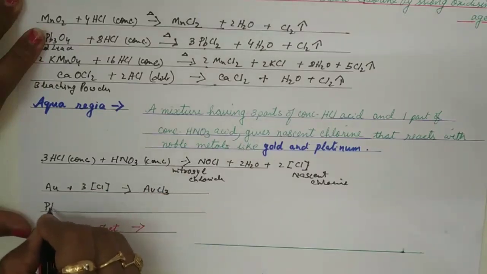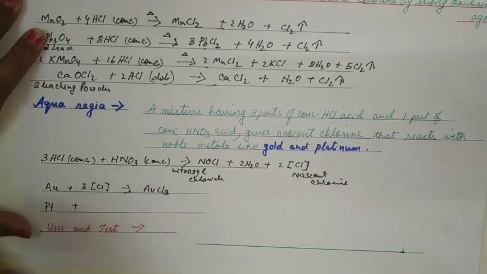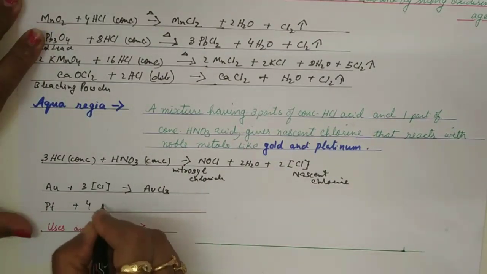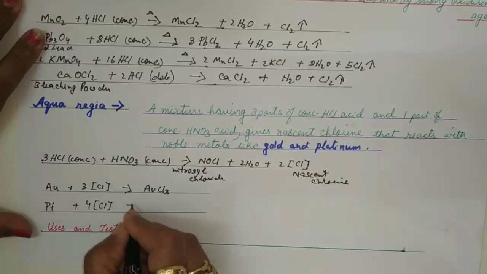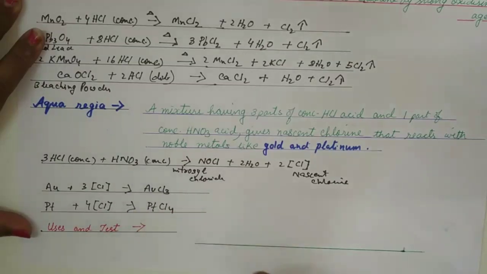It will even react with platinum, and it will need 4 nascent chlorine and will give you PtCl4, platinum chloride.